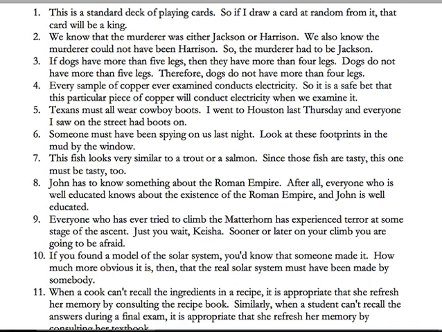Exercise 7, argument 7, does have an indicator word. Can you find it? Indeed, since is typically an indicator word for a premise. Now, it's not the case that every time you see the word since, you have a premise indicator word.